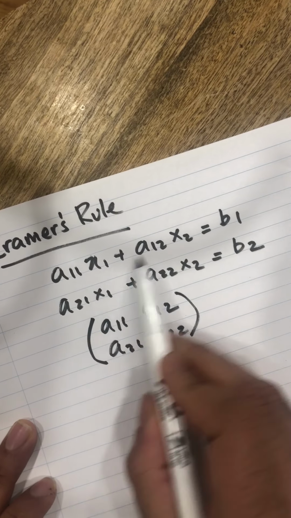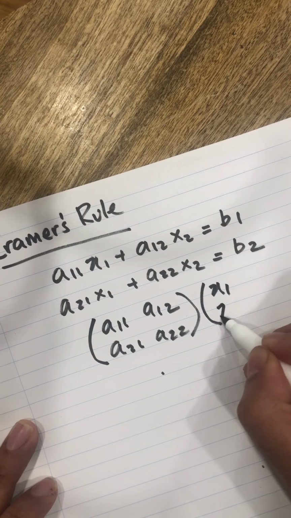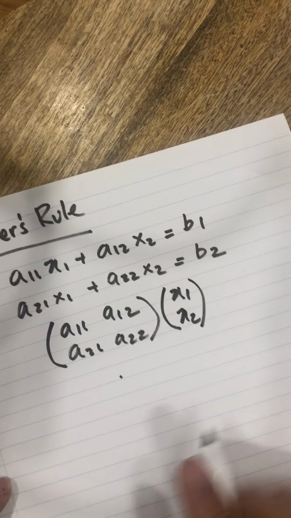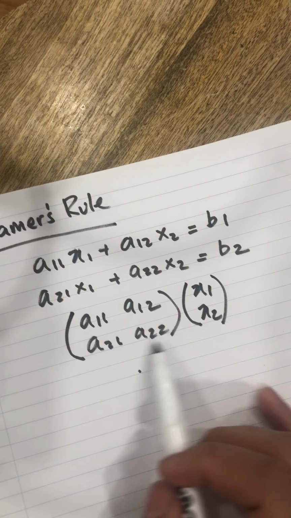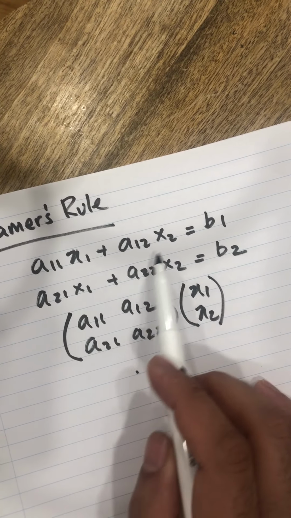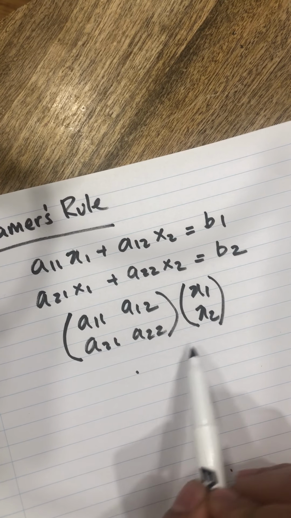I took all the coefficients here, and then you can write another matrix like this, x1, x2. So you can actually write these two equations as a multiplication. This is the left-hand side of the equations.